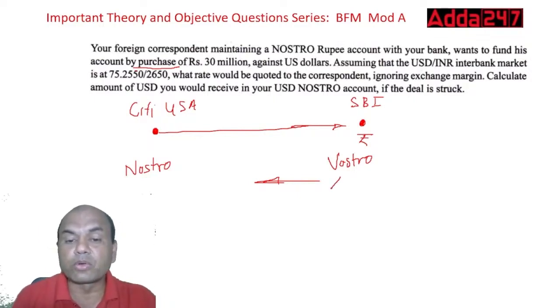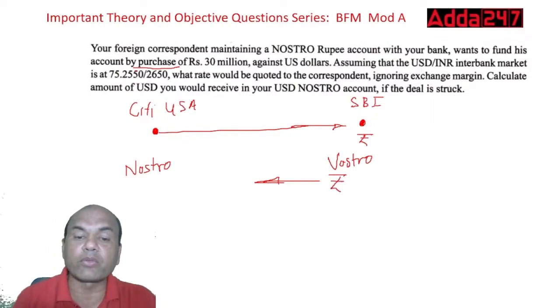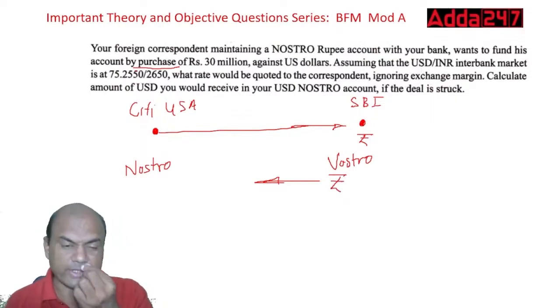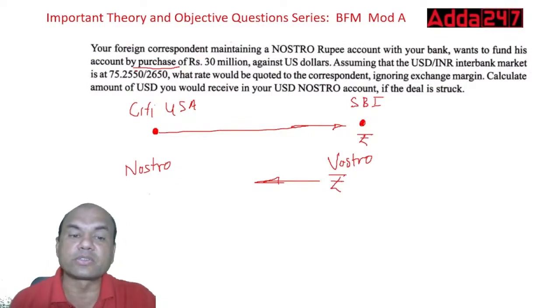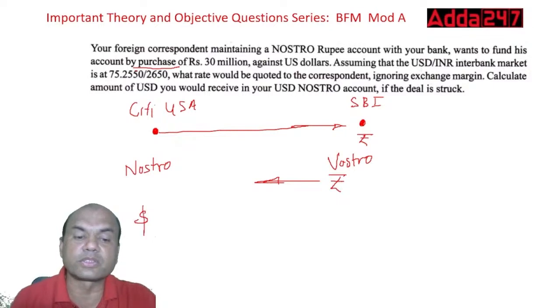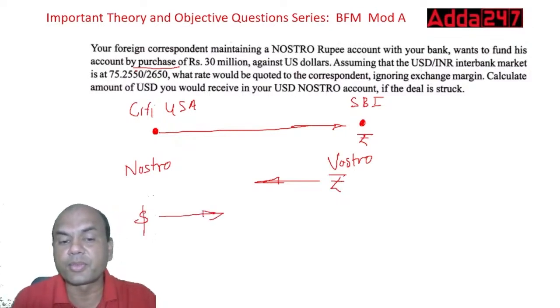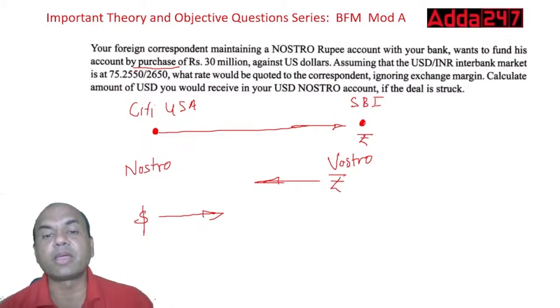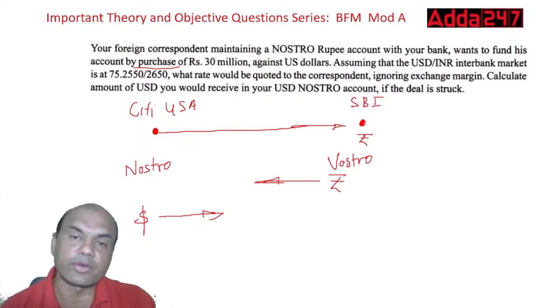So rupee will go to Citibank. Citibank wants the rupees. So what will Citibank have? It's in USA, so it will have dollar. So Citibank will give dollar and receive rupee. Logic is clear? Citibank will receive rupee and give dollar.